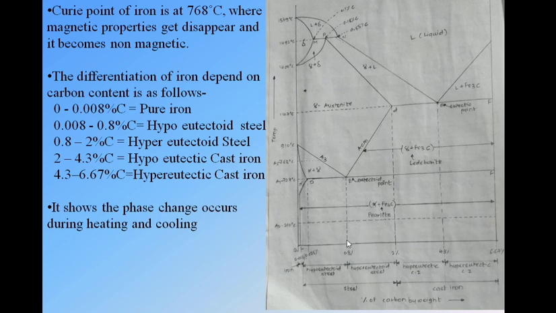Everything to the left of this 0.8% carbon is hypoeutectoid steel, and what is to the right of the 0.8% carbon line is hypereutectoid steel. Why is it eutectoid? Because here we have the eutectoid point. So these are the two classifications of steel, hypoeutectoid steel and hypereutectoid steel.